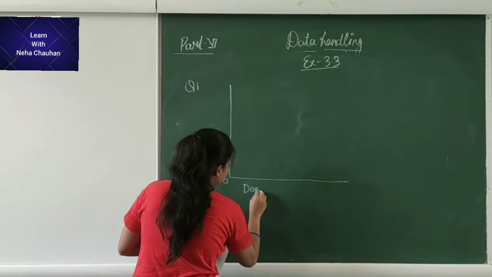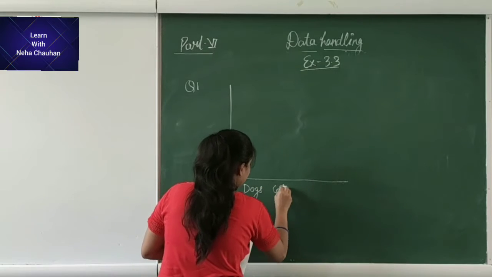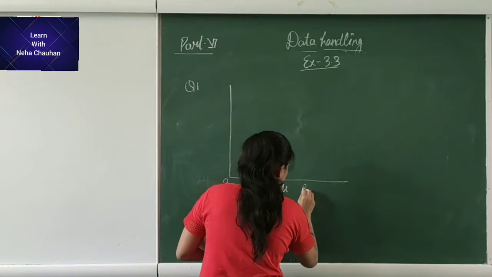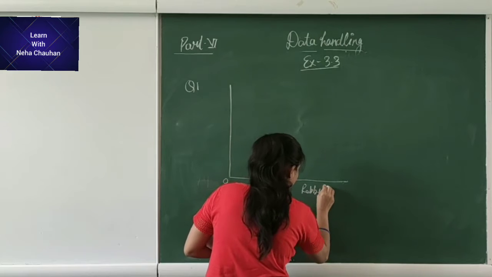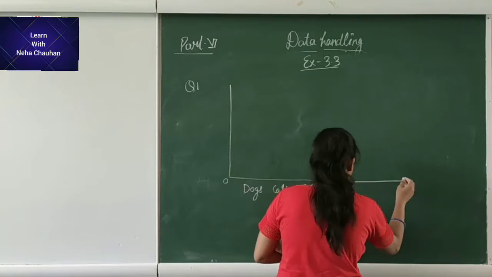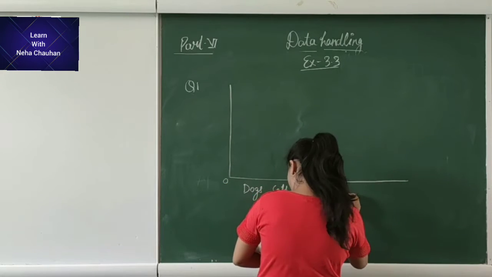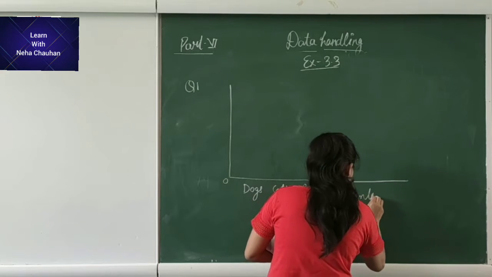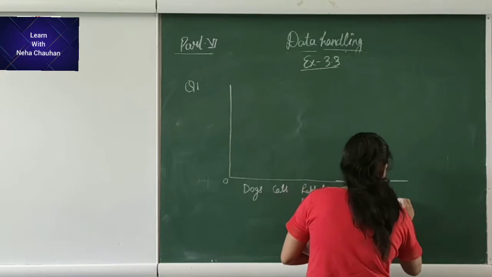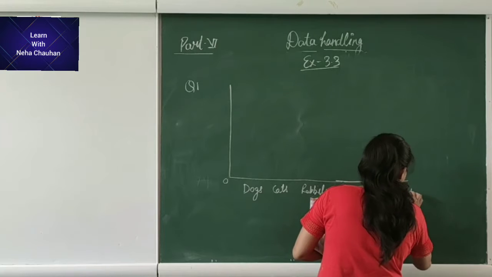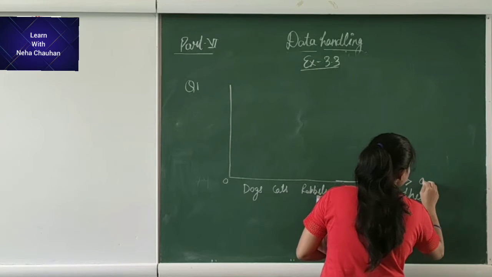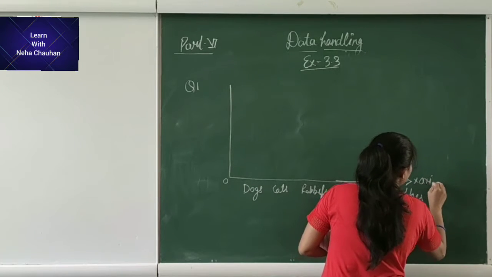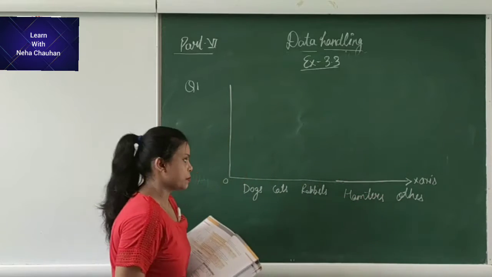Here dogs, cats, rabbits, hamsters and others. So on the x-axis we have given the animal names or pet names.